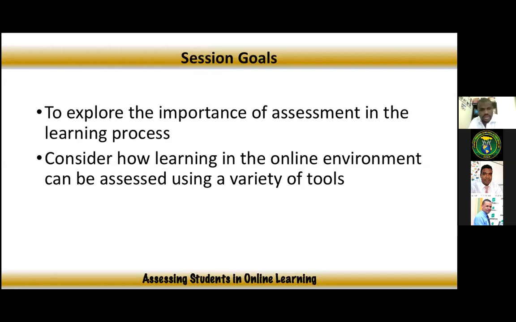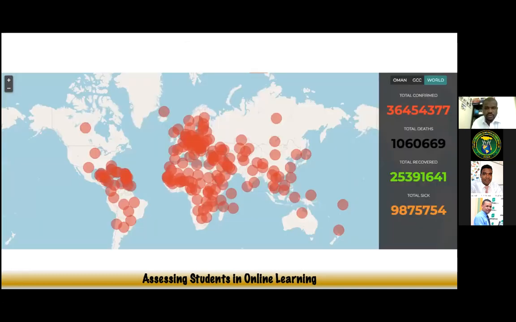So I want to have a look at, in the online environment, if we have to assess, what kind of strategies, what tools are out there, and how can we adapt, be agile in that scenario. So that's the basis of how this session will flow. We must always be mindful of the context in which this is happening.